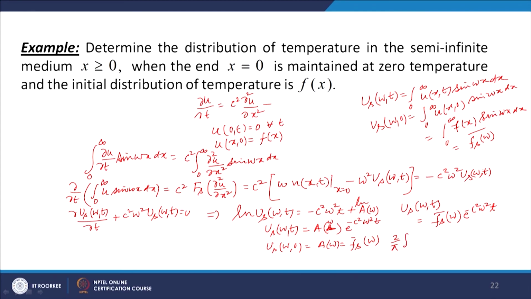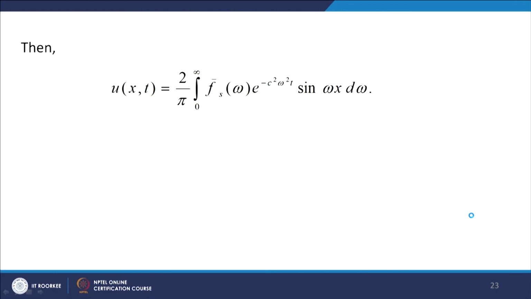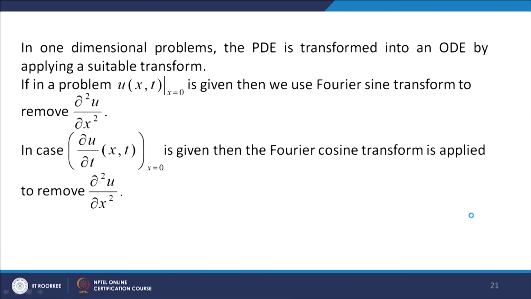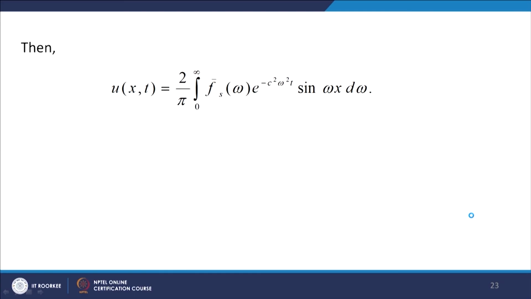So, 2 over pi integral from 0 to infinity of u_s(omega,t) into sine omega x d omega equals 2 over pi integral from 0 to infinity of f_s bar(omega) e to the power minus c square omega square t into sine omega x d omega. Now, the left hand side is the inversion formula for u(x,t). So, u(x,t) is equal to 2 over pi integral 0 to infinity f_s bar(omega) e to the power minus c square omega square t into sine omega x d omega.